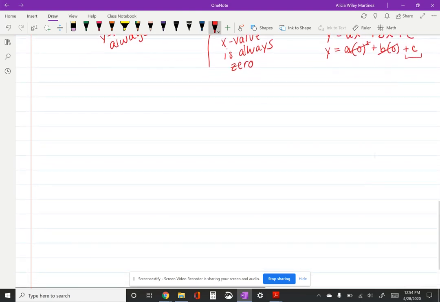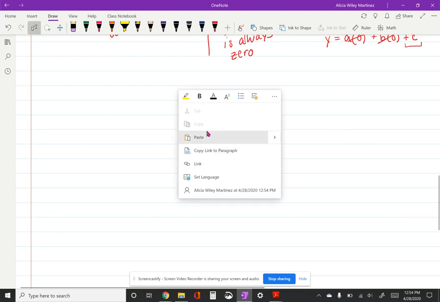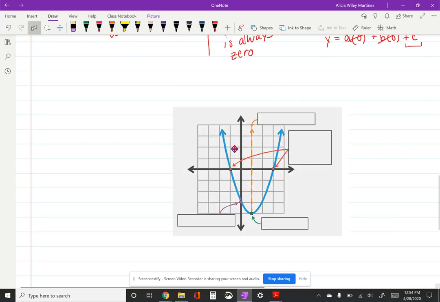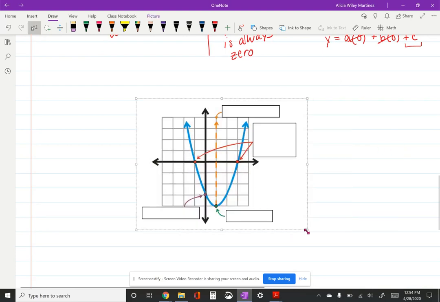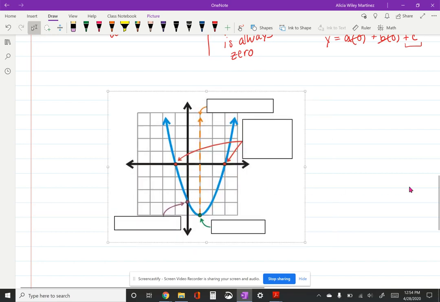Okay, so let's take a look at all of this stuff together here. In this picture, everything I've talked about is represented. The shape here, as you can see, is a parabola.